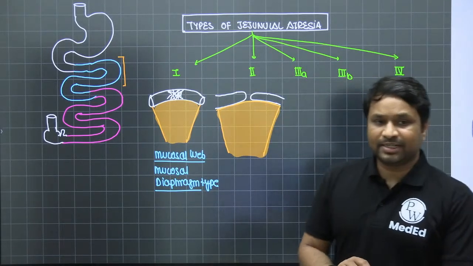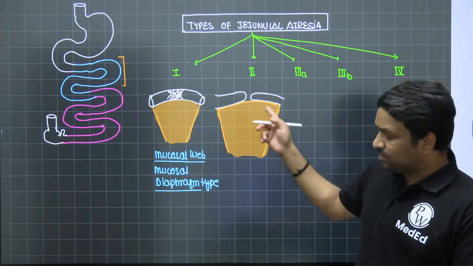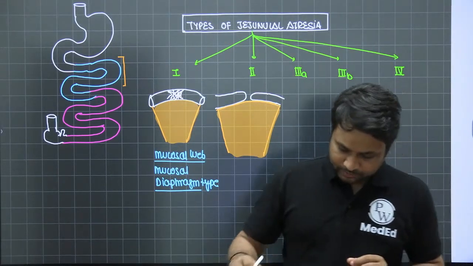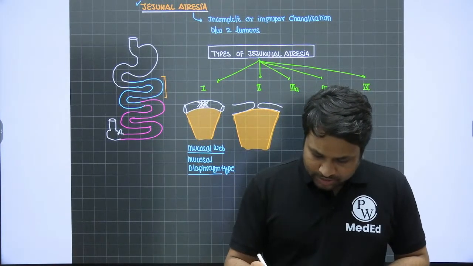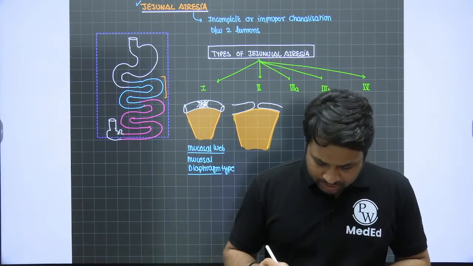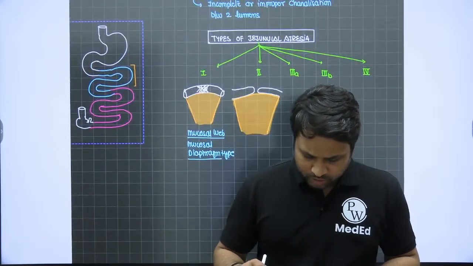This is what we call a type 2 variety. Both ends have atresia, but the mesentery remains intact. So let's see what happens in a type 3A variety. I think most of you would have now gotten the gist of it.